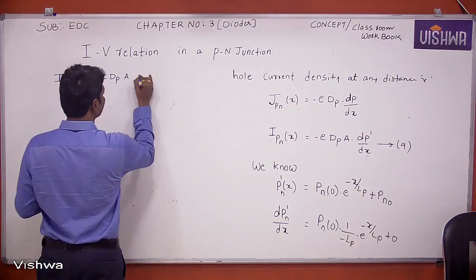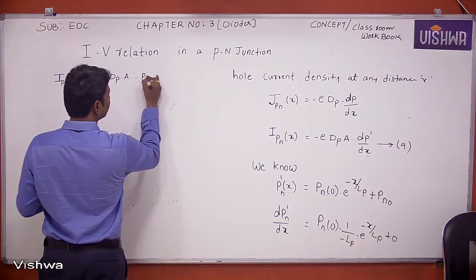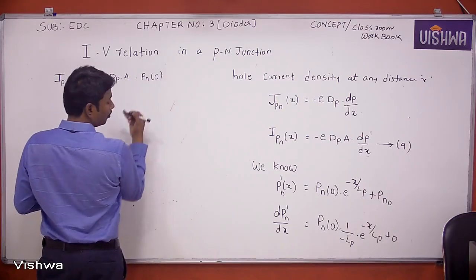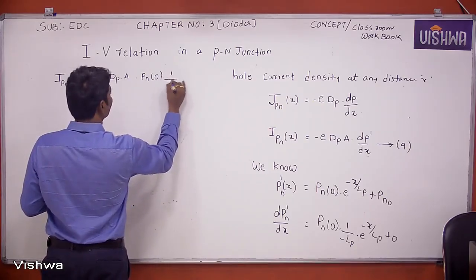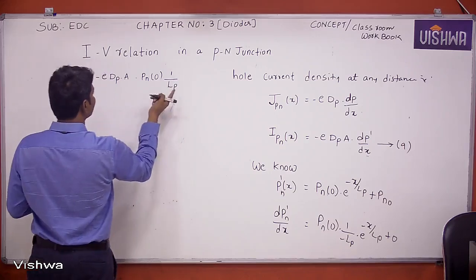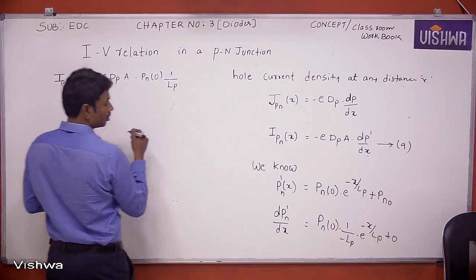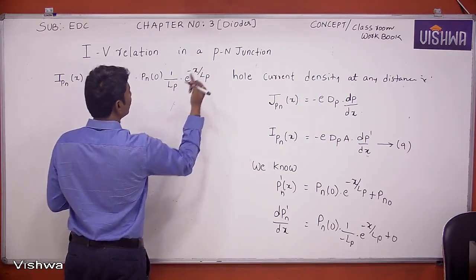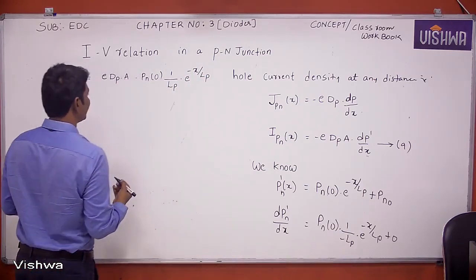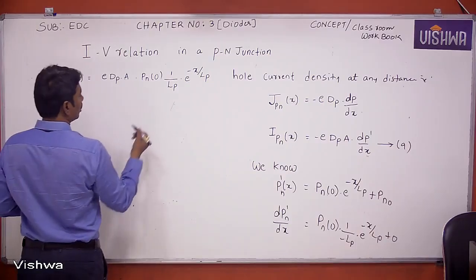Change in concentration. This is nothing but simply Pn of 0, right? So 1 by Lp, minus is there, minus minus plus, into e power minus x by Lp. Okay.